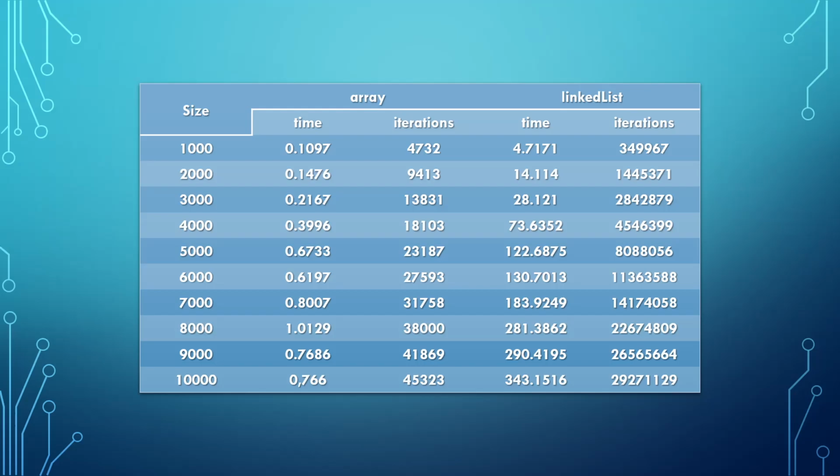But if we talk about linked list, there is a kind of bad situation. We have 4 milliseconds for 1000, 14 for 2000, and so on. And we spent almost 1/3 of a second to find a substring in a string with length of 10,000.